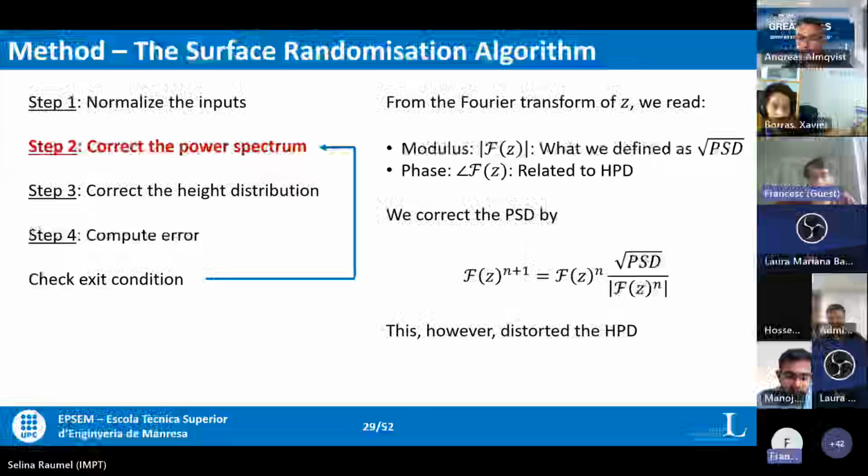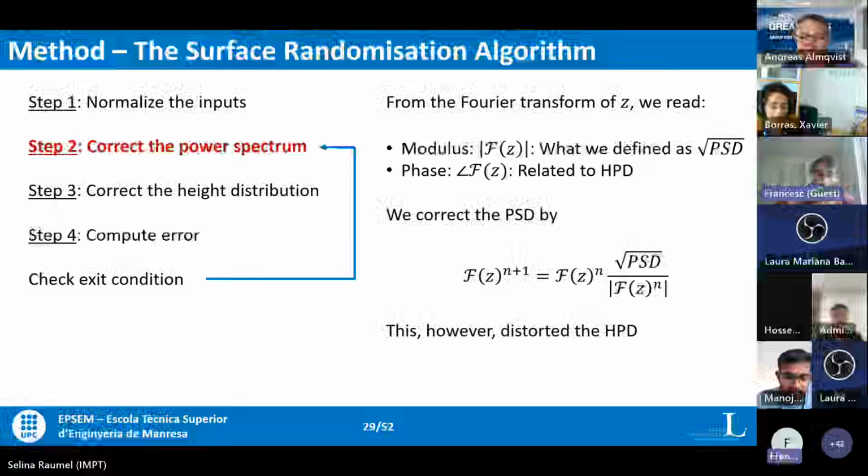So for that, we divide by the modulus and multiply by the desired power spectrum. By that, we have a surface that has the desired power spectrum, but now we have distorted the height probability distribution. By the way, if you were generating a Gaussian surface, that's all the steps you need to do. The Gaussian distribution is the only one that is not distorted by this approach, so you will be ready. If you are working with a distribution different than a Gaussian, then you have to proceed and correct the height distribution.